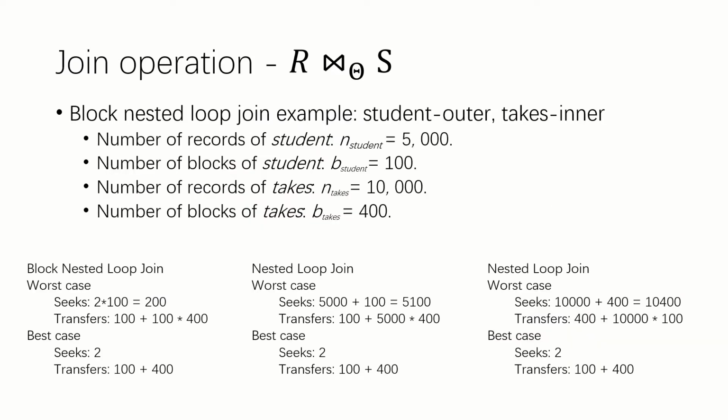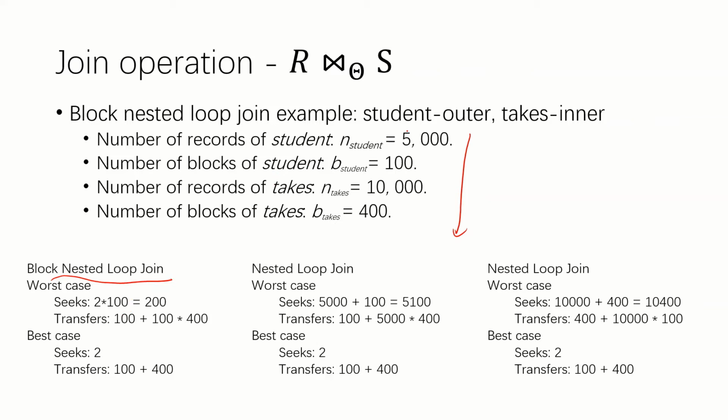Okay, let's move on to the next one. So in this example, we have a block nested loop join versus the basic nested loop join. So these were the numbers that we were provided at the beginning of the lecture. So number of blocks, number of students, number of takes, number of blocks of the takes. So if we have the block nested loop join, in the worst case scenario, you are going to do 2 times the number of blocks of my outer loop.